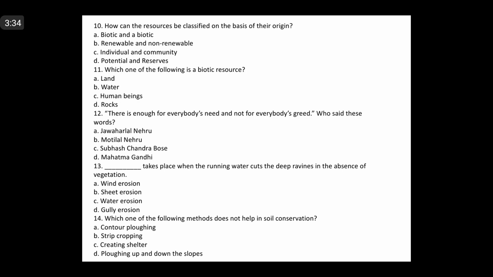So in these options, contour plowing, strip cropping, shelter belts, all these are responsible for soil conservation except D. And which one is D? Plowing up and down the slopes. In other words, this is a faulty method of agriculture, and the faulty method of agriculture does not help in soil conservation.